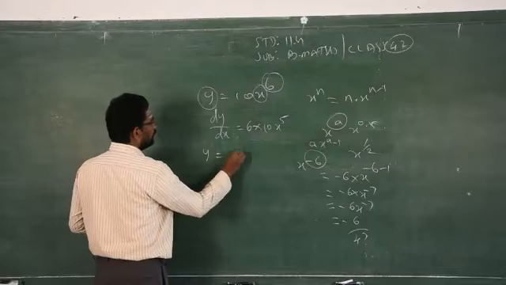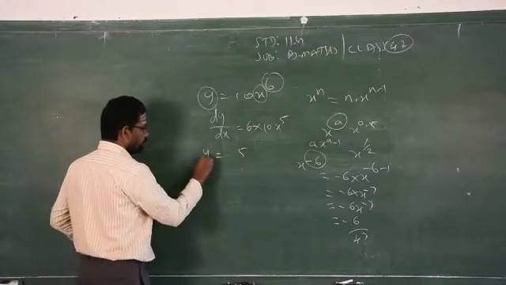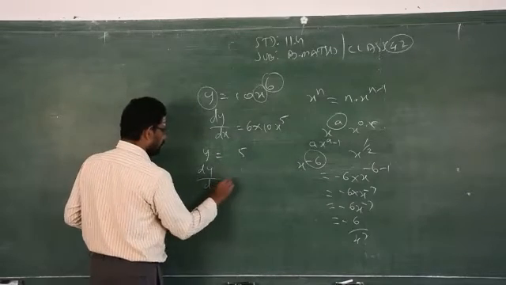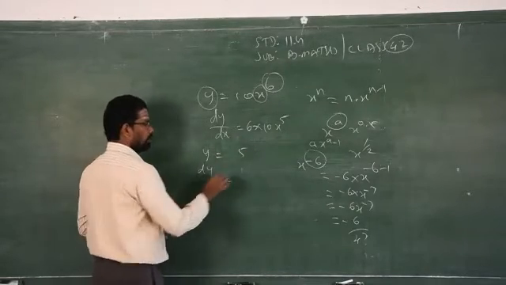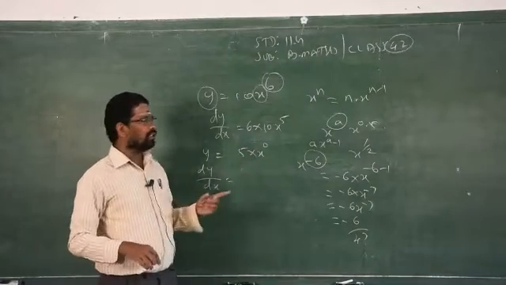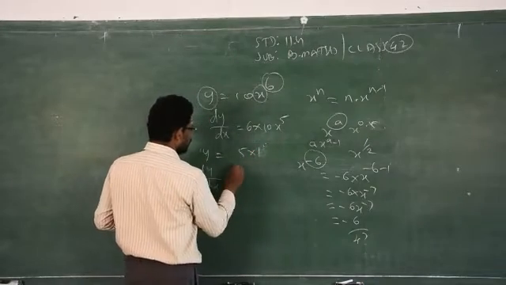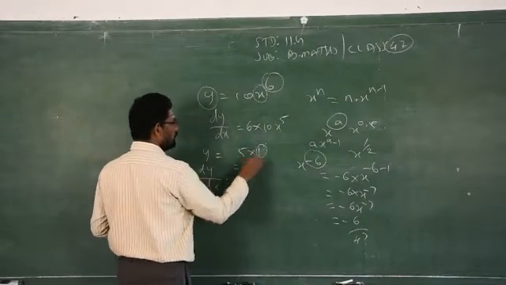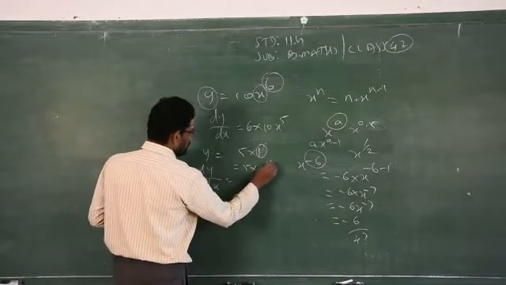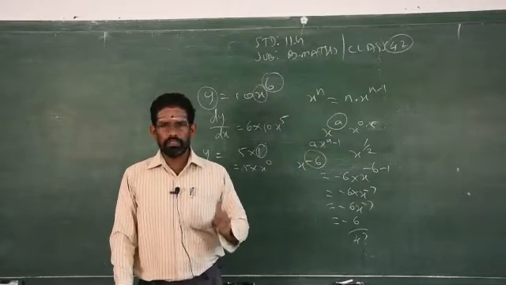Then suppose I define only the constant 5. What is the differentiation? Differentiate the function y with respect to the x variable. Do you have any x variable? No. So I can write it like this. I can write the constant 5 as 5 into 1. This 1 you can replace according to your convenience with x power 0, because you know the basic concept that anything power 0 is 1.